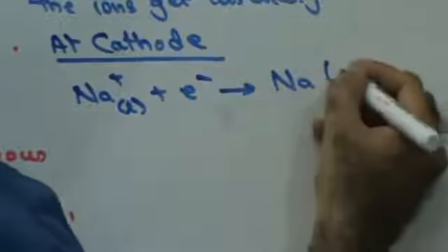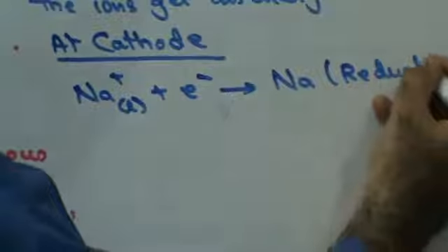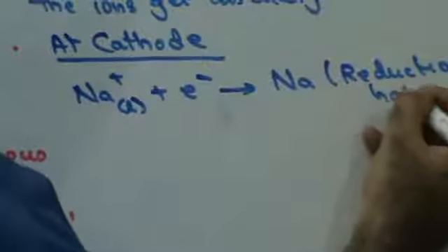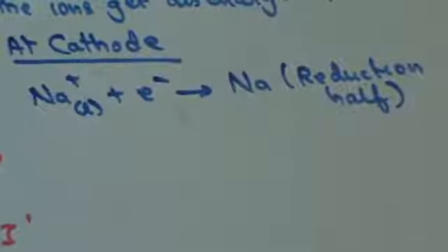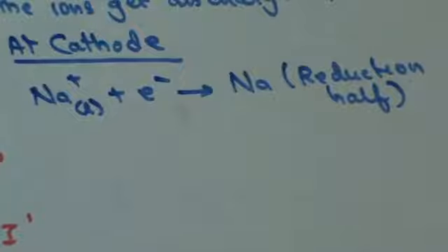Right? This is where my reduction half takes place. These electrons are supplied by the battery and are accepted by sodium to form neutral sodium.